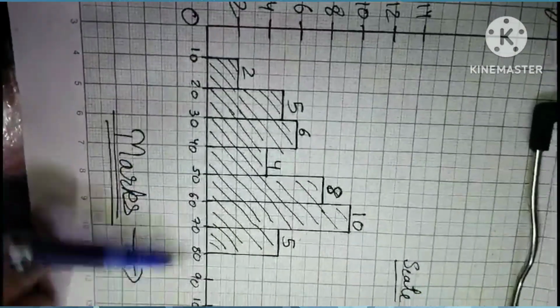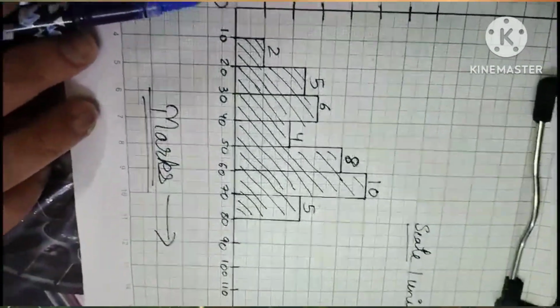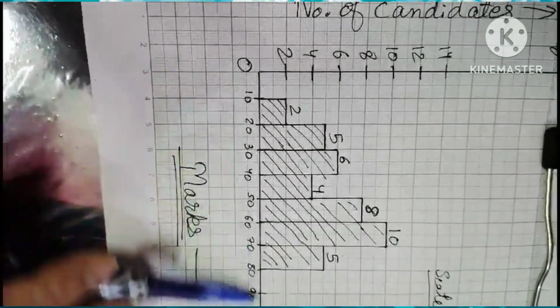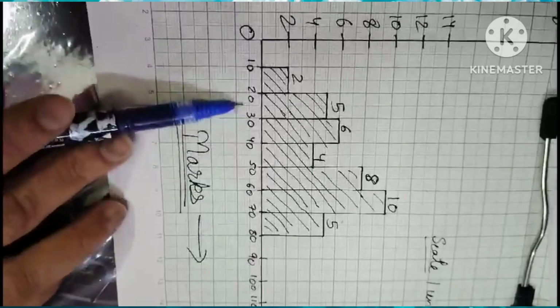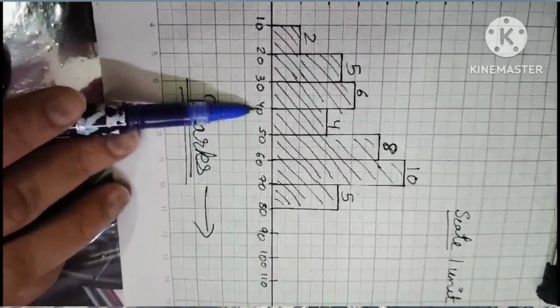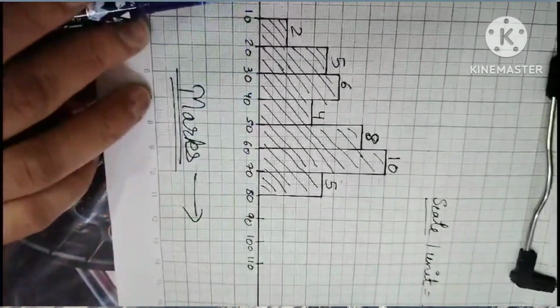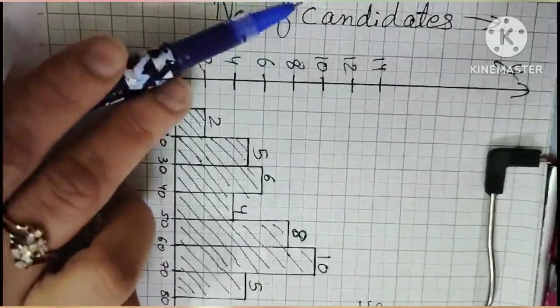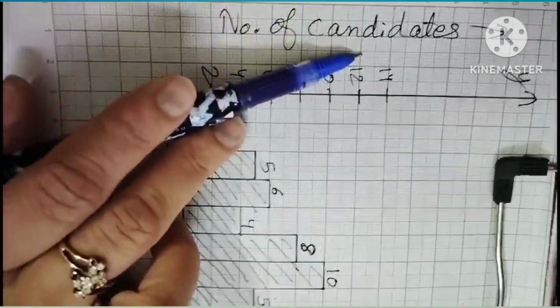They are both perpendicular lines and this is the origin O. Along OX represent class intervals 10 to 20, 20 to 30, 30 to 40 and so on. And along OY mark frequencies, that is, number of candidates.